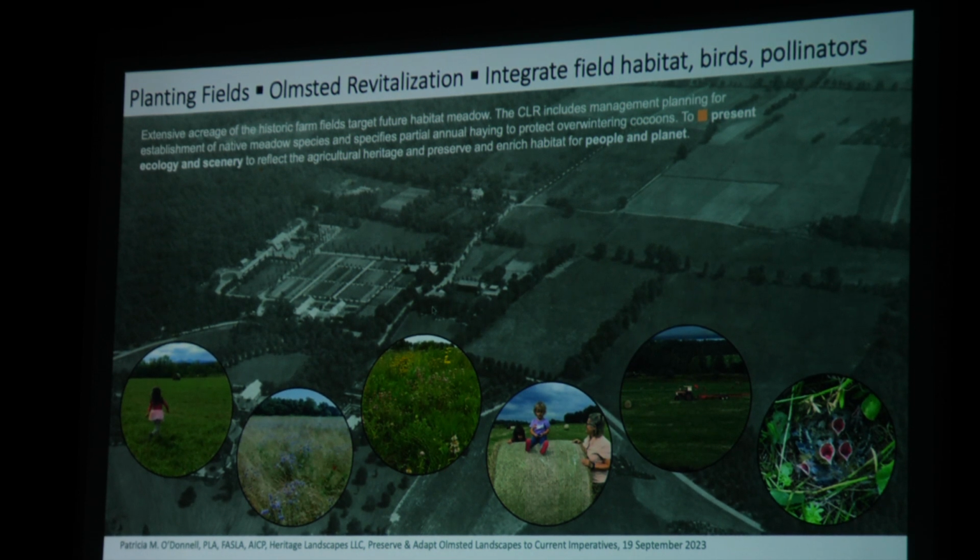We have a challenge with field birds all over the planet, and the management of these fields for late mowing and potentially just one annual haying with partial retention to protect overwintering cocoons will then allow pollinator and field bird habitat. Next, please.